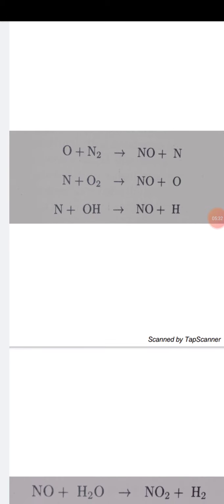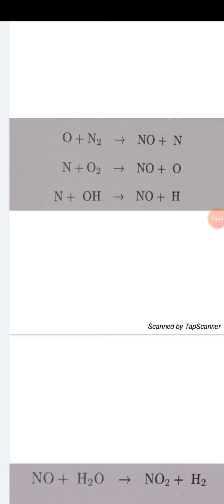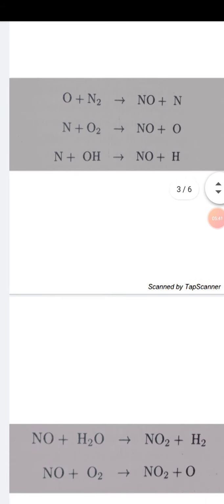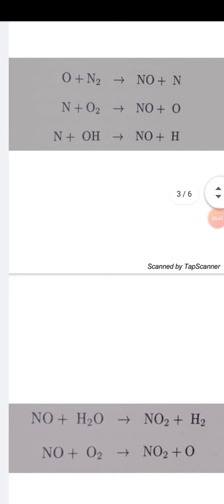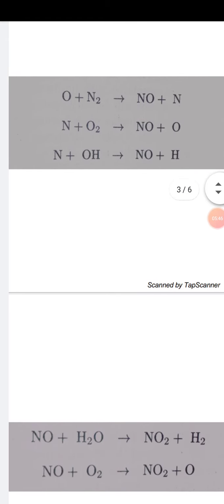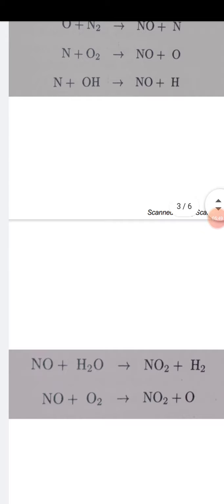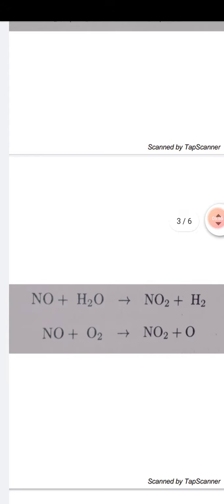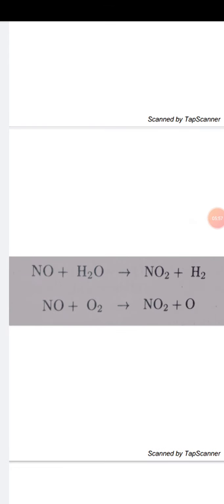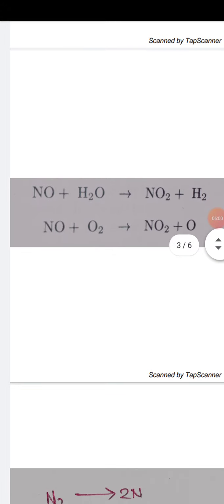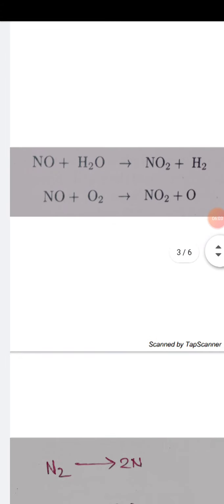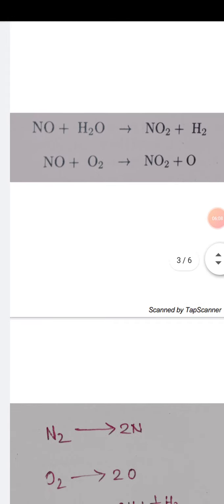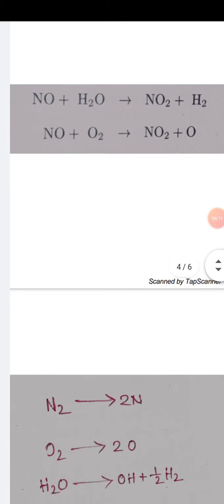Nitrogen oxide in turn can further react to form nitrogen dioxide by various means, including the kind of reaction you can see, and nitrogen oxide reacts with oxygen to form nitrogen dioxide.